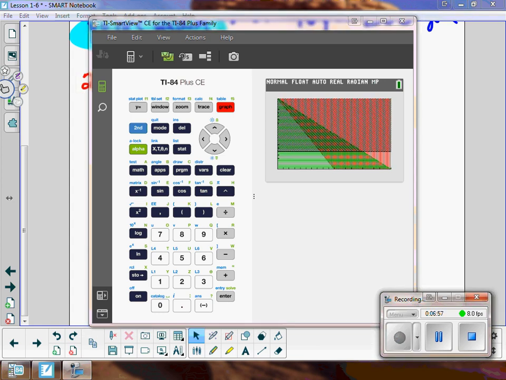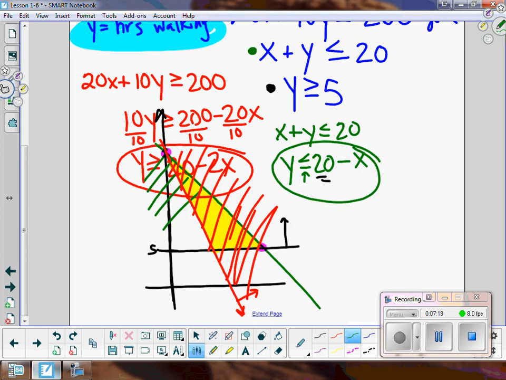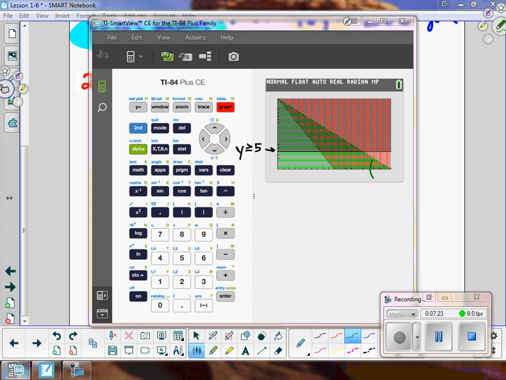Okay, so if you graph that correctly, you should see what I see, which is this region where we have this triple shading. We're above the line. Y is greater than or equal to 5. We are below the line, y is less than or equal to 20 minus x.